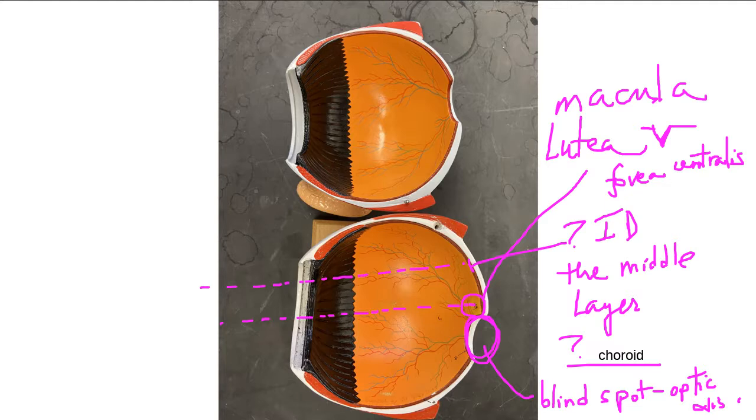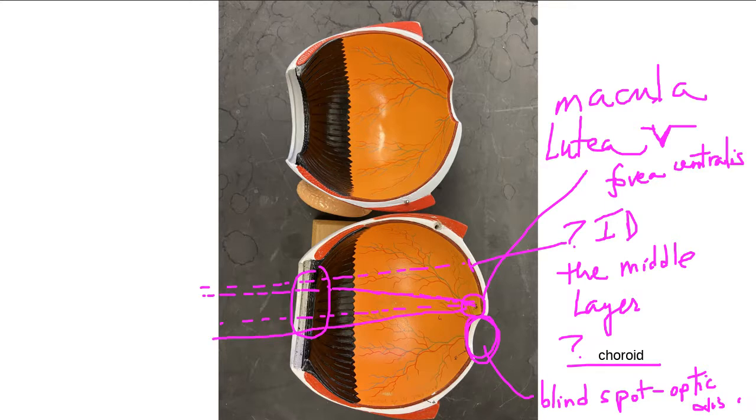So that's the function of the lens: to take this light going like this and refract it so that it can go to that target right there. So you want it to go to that fovea centralis. Like this one here too, you want to refract it.